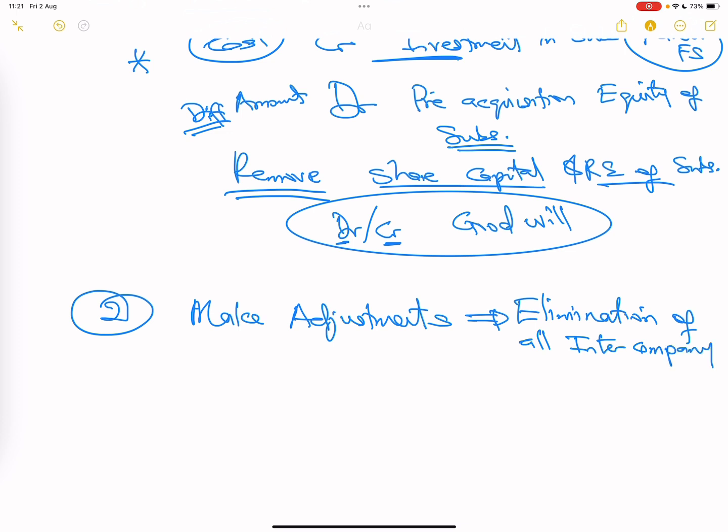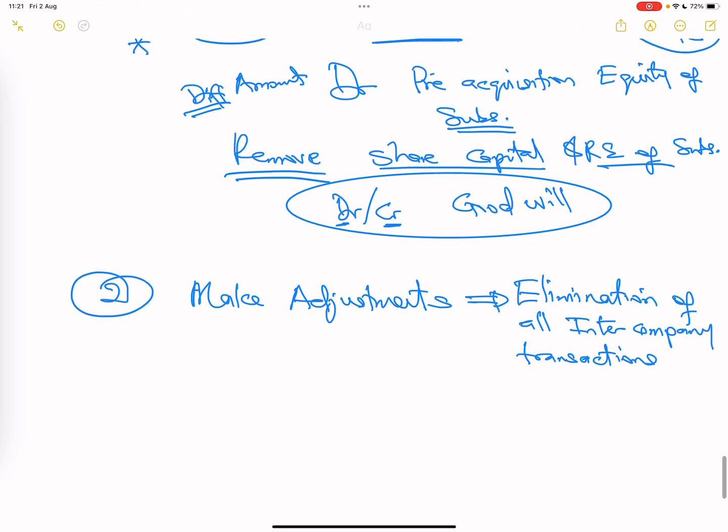I'm going to take intercompany transactions in a different video. Elimination of all intercompany transactions. You must take it out.